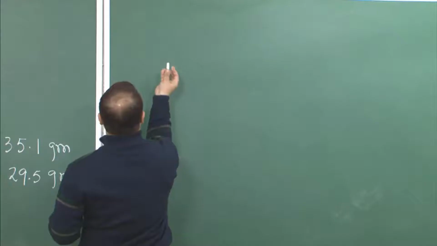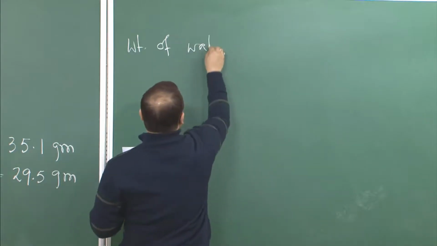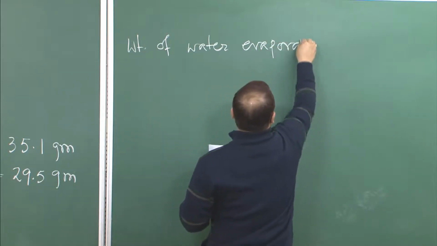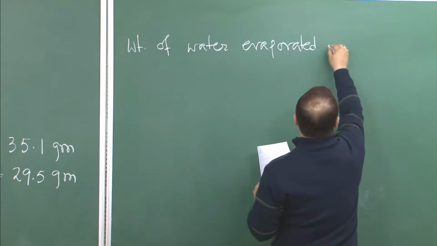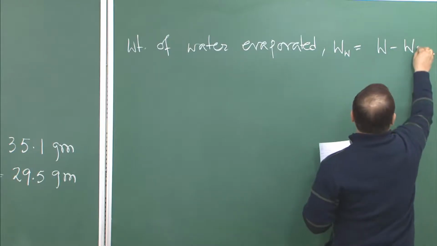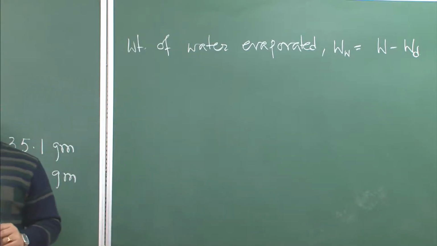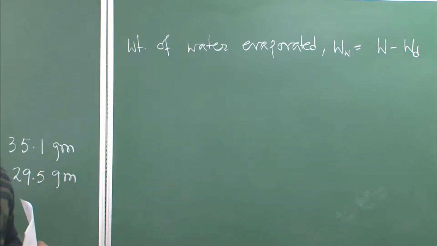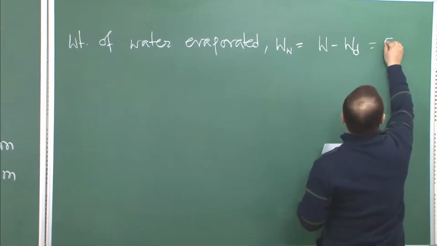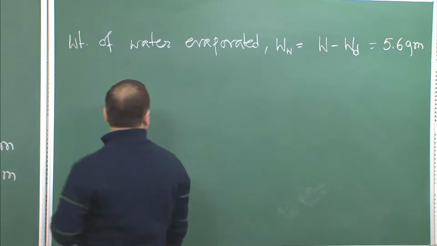So, the weight of water evaporated, that is WW, is given by, very simple, the total weight minus the weight of the dry sample. That will give me the weight of water which was present in the sample, which is 5.6 gram.